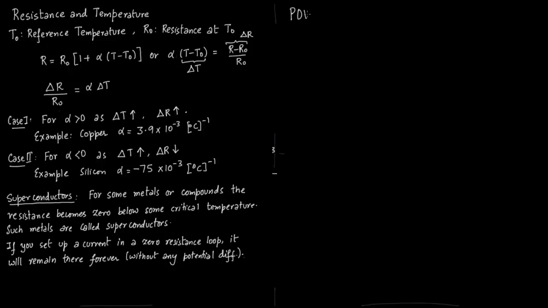Now we talk about power. First we recall the potential energy of a system. The potential energy of a system is given as charge times the potential difference. Q is the charge and delta V is the potential difference.